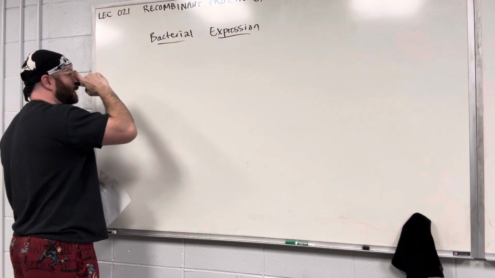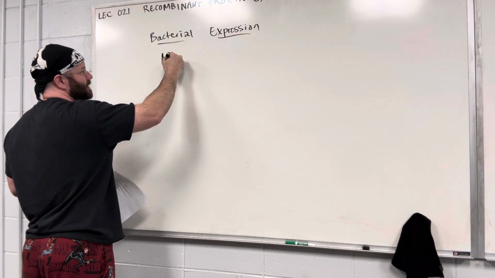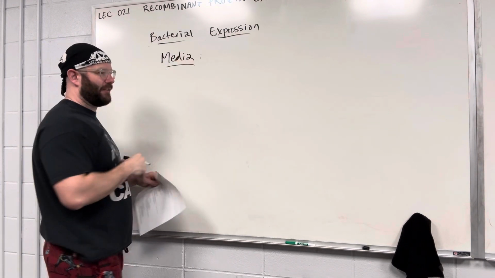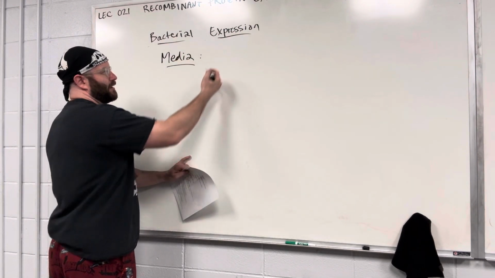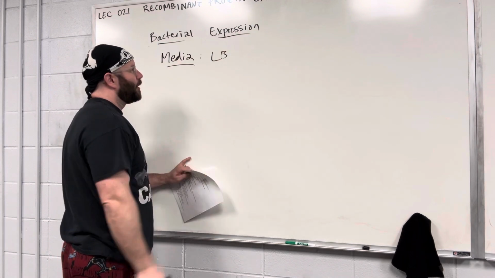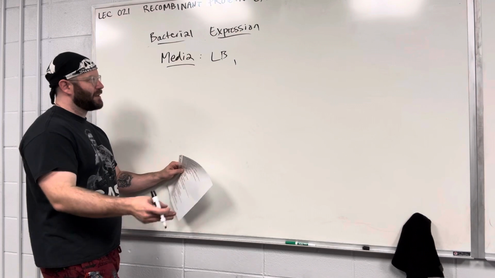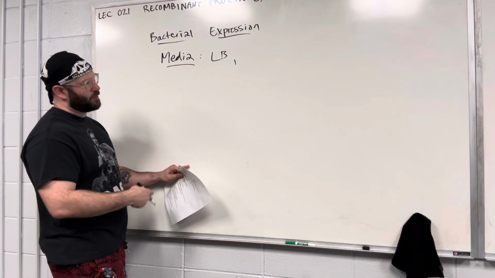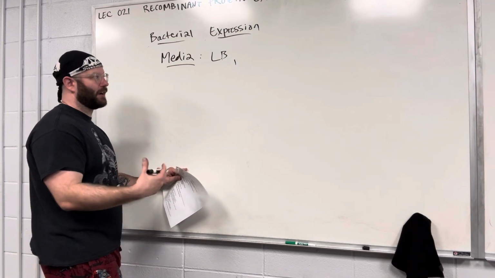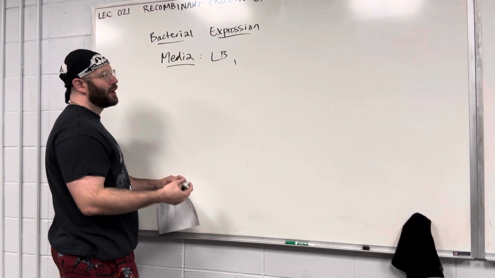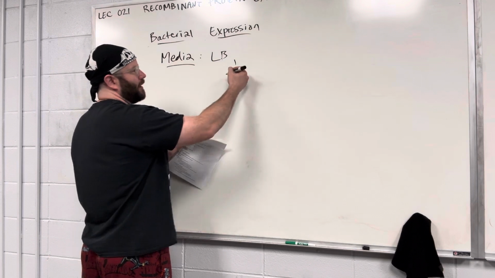Okay, so just a couple other quick things for recombinant protein expression. We all have experience from our lab with one type of media, which is LB. There are other types of media, okay? So just know that there are other recipes, and at some point you might want to switch to other media depending on your yield. If you try to express a protein in your LB and you're not getting a very high yield, you can sometimes fix that by switching to other media.